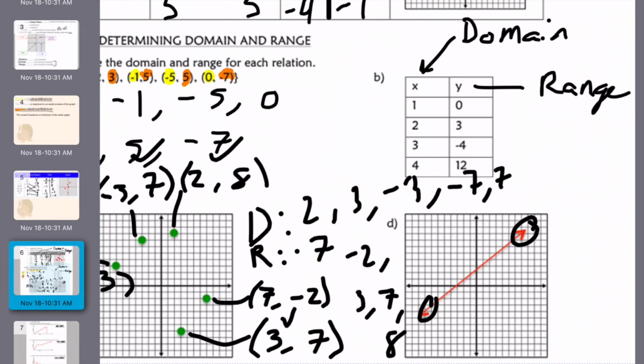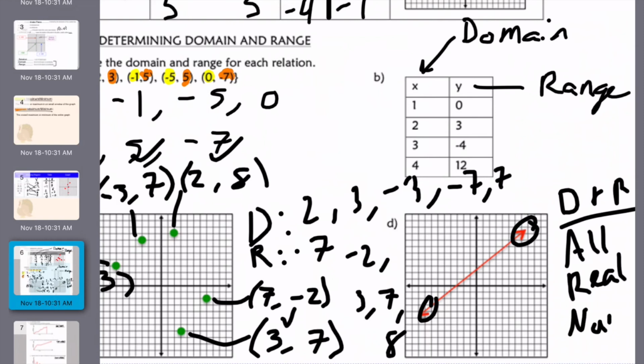So in fact, for my domain and my range, I'm going to put D and R for both of them, it's all real numbers. Any number that you can think of will be a possible x value and will also be a possible y value.